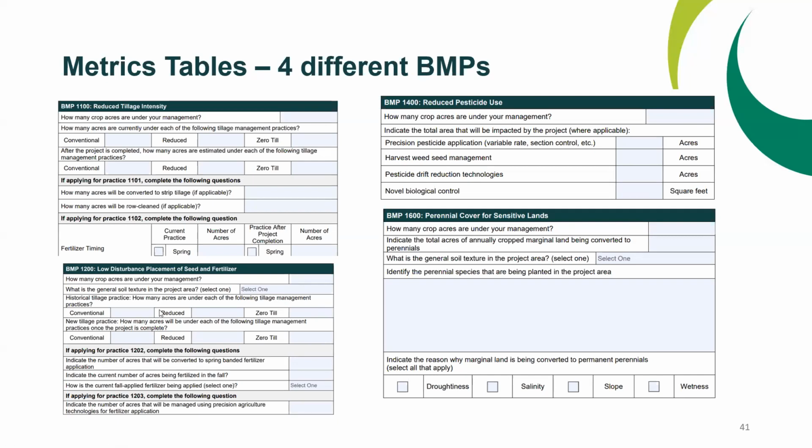So the example we're using today is 1200. And so you would only need to fill out the metrics table for BMP 1200. If you do want to apply for another BMP in cropland management, you need to complete a separate application form.